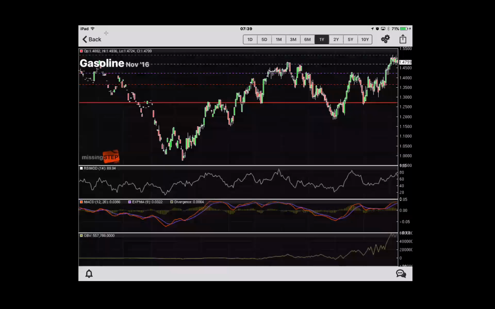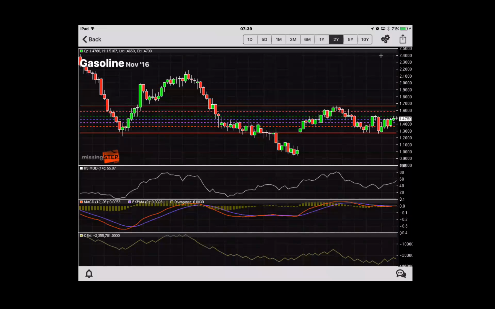Let's see here. Gasoline, same type deal. It's not at the top of the Fibonacci line. This will also, if this does continue to flag out here, okay, as you can see, once again on the larger sideways channel, basically a larger, I could take that one.